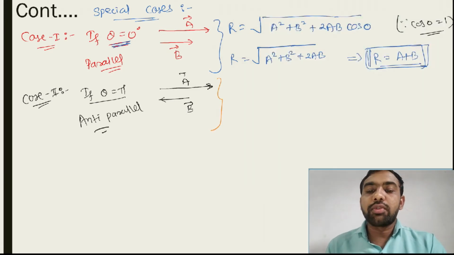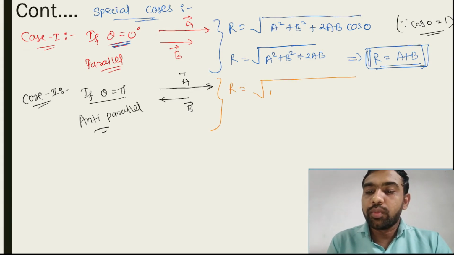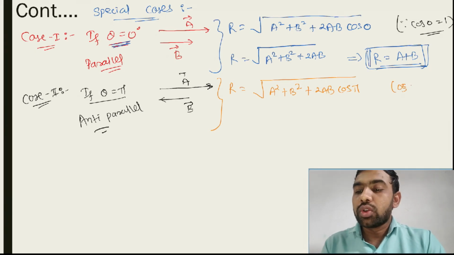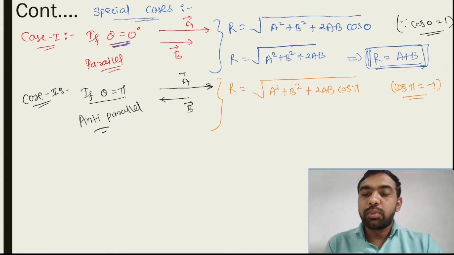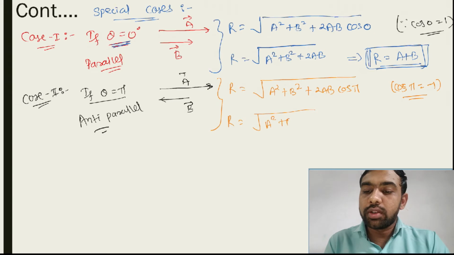In this type of case, r is equal to under root a square plus b square plus 2ab cos pi. And what is cos pi? Cos pi is equal to minus 1. That is a well known value. So put it here. So r is equal to under root a square plus b square minus 2ab.